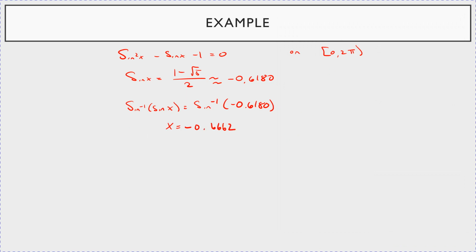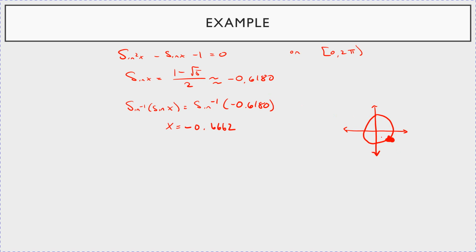But remember that we want to find the solution on 0 to 2 pi, okay? So you have to go back and use your unit circle here. This is the radian measure. So this is saying a negative 0.662 is when sine is equal to roughly this, okay?